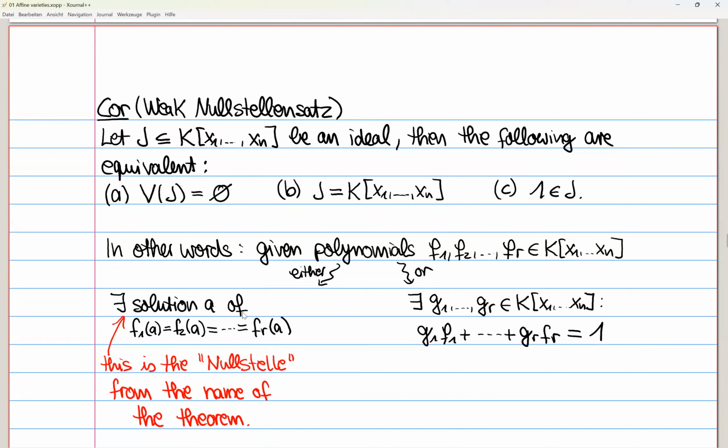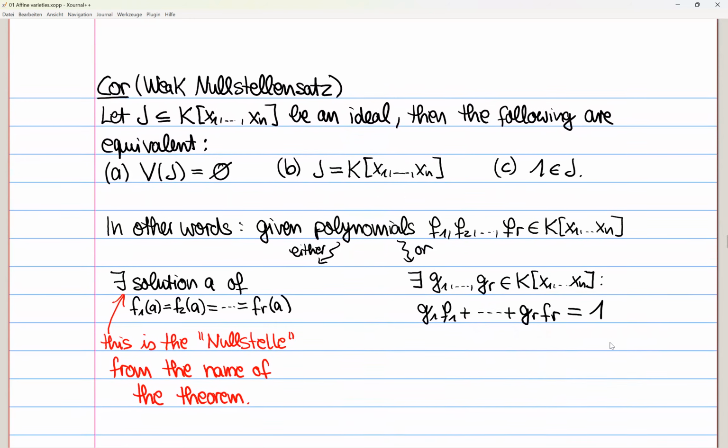Either there exists a solution of this common set of equations, which you could call the Nullstelle, the zero locus of this system of equations. Or on the other hand, maybe 1 is in the ideal, and so you can find some coefficients g1 up to gr, such that this linear combination of these polynomials is exactly 1.